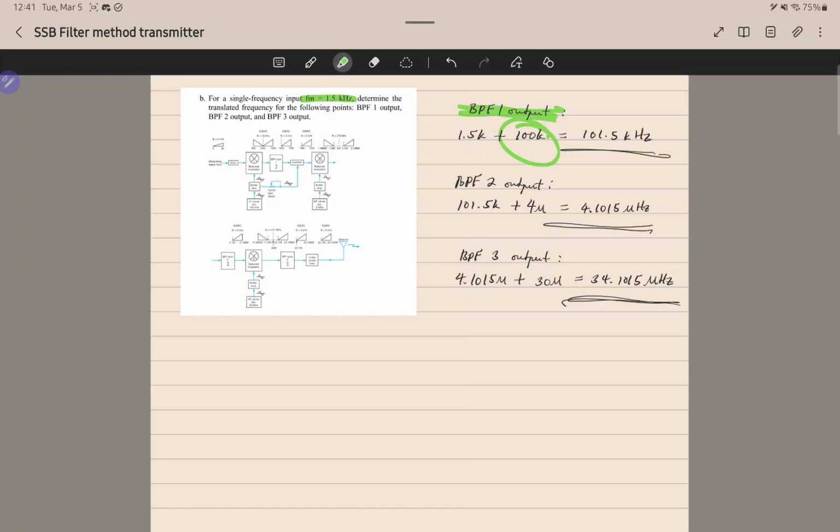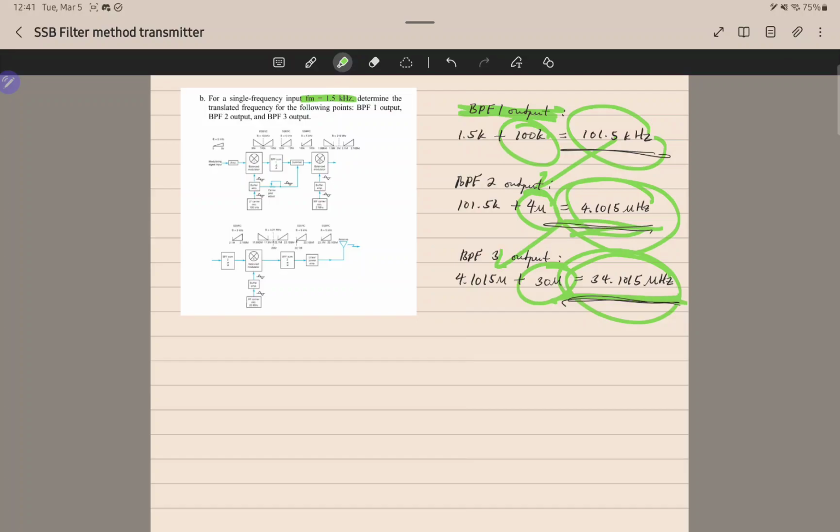At BPF2, you take your previous frequency as your input and add 4 megahertz. Now you have 4.1015 megahertz. Again, you repeat the same thing. You add this frequency with 30 megahertz, which is your third carrier frequency. And again, now in 3 steps, you get 34.1015 megahertz.